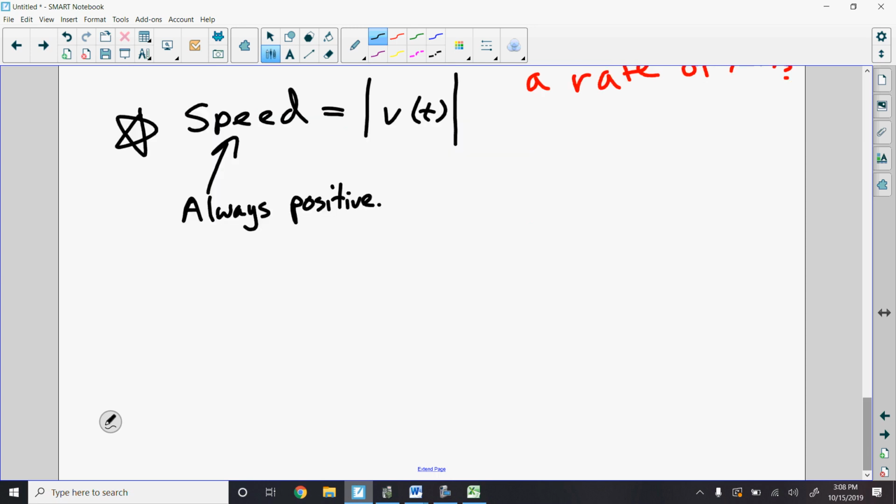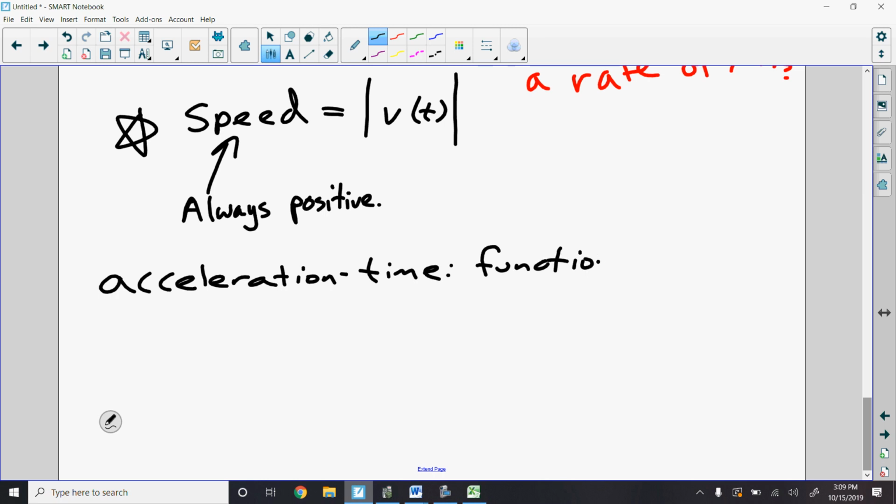The last function we're going to look at is acceleration. Again, they almost always use a of t for acceleration, unless there are multiple accelerations, then they might give a different letter for a second one. A of t. Our units.